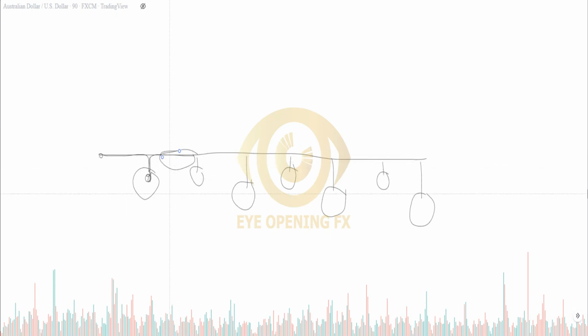Now what we call consolidation? Consolidation is the fuel station, while pullbacks are the mechanic workshop. So this is the idea, and this straight line is the momentum area. So this area are the areas you trade range structure.